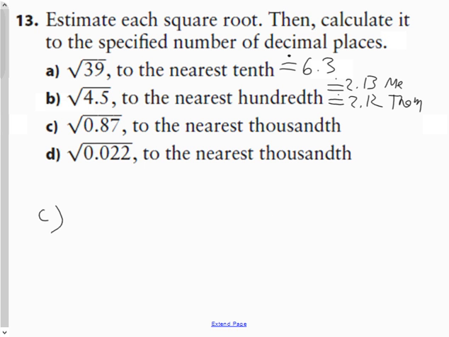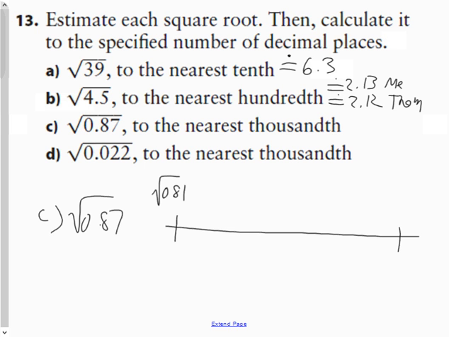For C, the square root of 0.87. If I think about my number line, this one I kind of know, because this is 87 hundredths, and I know the square root of 81 hundredths, because we did it in the question before, is 0.9, and the square root of 1 is 1. So the square root of 0.87 on this number line is going to be somewhere around here.